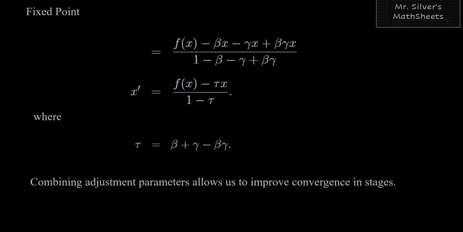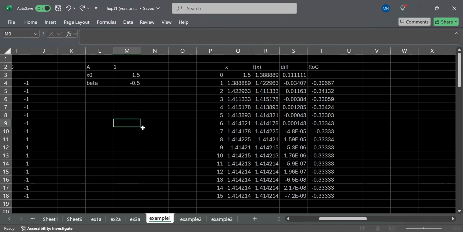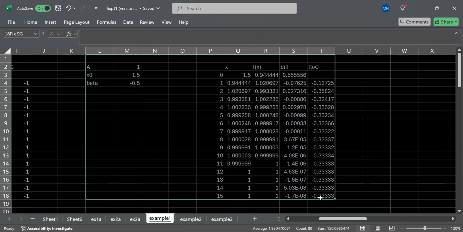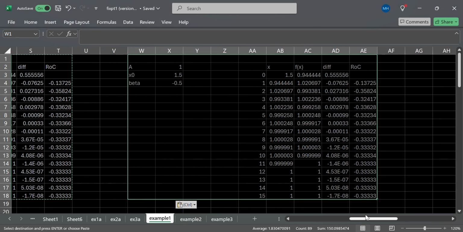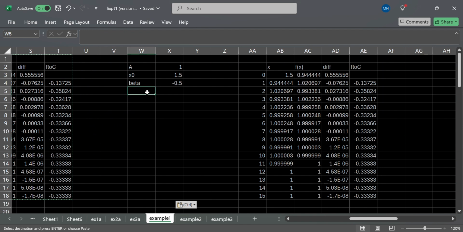So let's go back to the spreadsheet and put in tau and see if we can adjust our problem in steps. So we'll just copy all this over. We'll create new parameters gamma and tau.